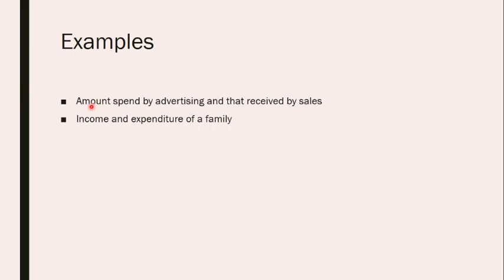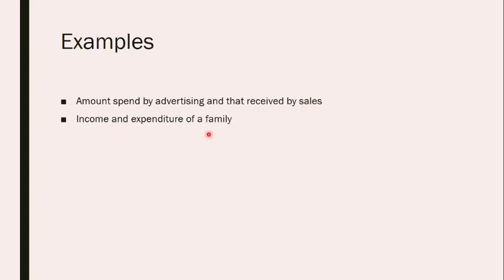So in the first example, the amount spent on advertising for a particular product is one variable, and the other variable is the sales received by using the advertisement. So as a business person, that person will have to check whether there is any correlation between these two variables for improving his business.